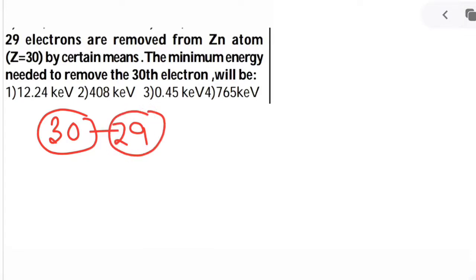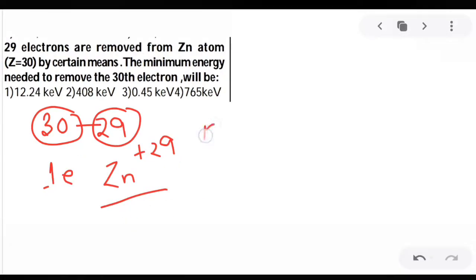Okay, so now we are left with the last electron. Okay, so now this zinc is in plus 29 state. Okay, the energy required to remove the last electron will be equal to plus 13.6 Z square by N square.